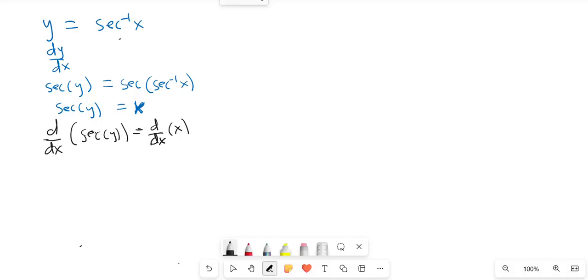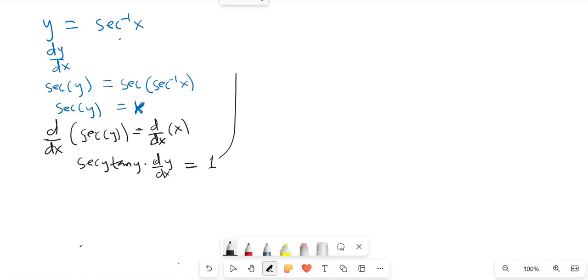If we differentiate secant, the answer is secant y tangent y. Then you differentiate y with respect to x, which is just dy/dx, equal to, when you differentiate x with respect to x, that is just 1.